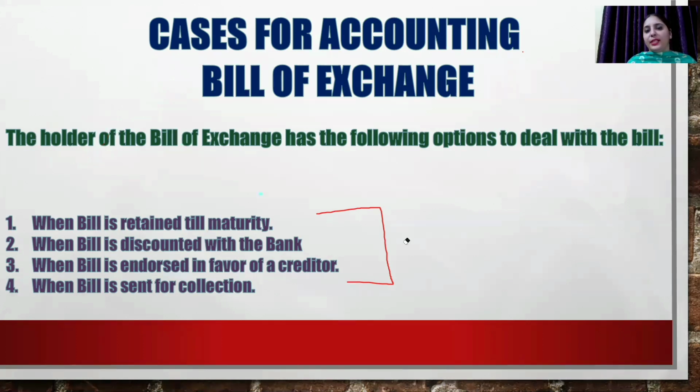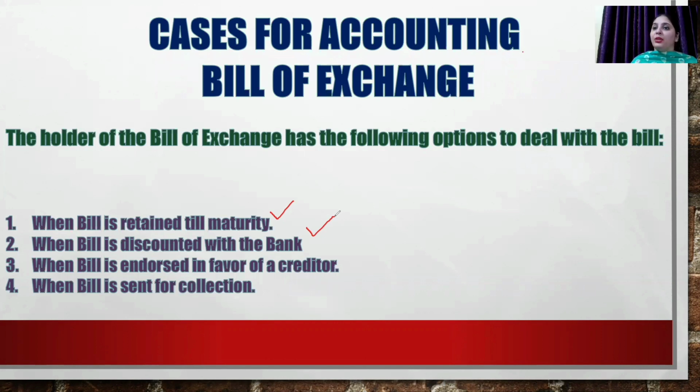There are four cases where we will learn the accounting treatment of bills of exchange. The first case is a very easy case. When the bill is retained till maturity, the seller is himself keeping that bill till maturity. The second case is when this bill is discounted with the bank. It is a source of finance.